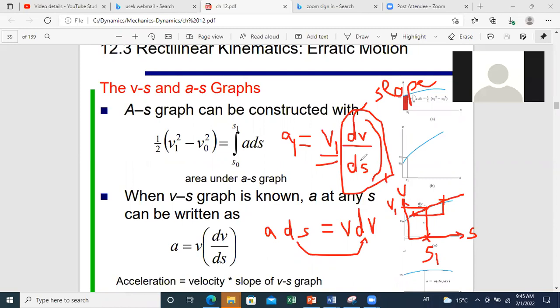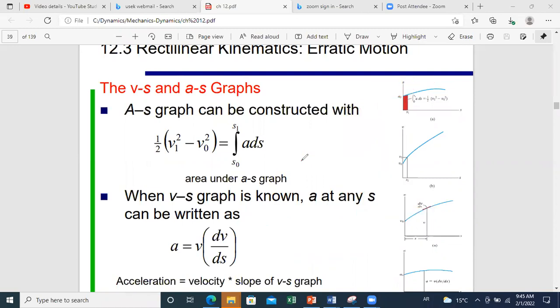And I multiply the velocity at point 1 by the slope at point 1 to get the corresponding value of acceleration. So this is how we can use graphs to determine relations between velocity, position, acceleration, and time. Any question on this?